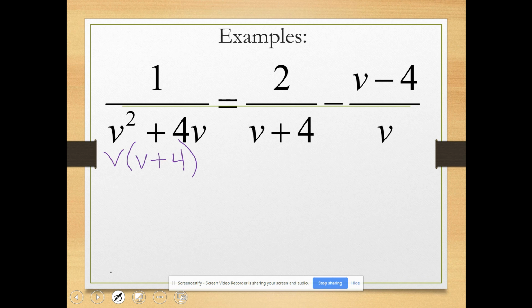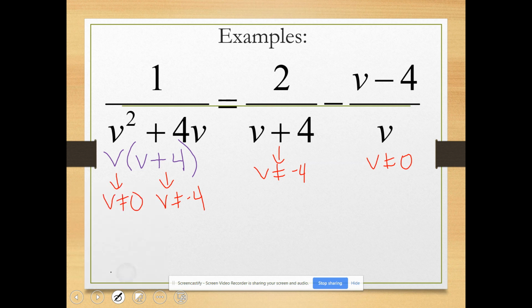V plus 4, nothing we can do for factoring there. And then v, nothing we can do for factoring there. So our restrictions come from v and v plus 4. So v cannot be 0 or negative 4. Remember, that's going to be the same restriction for this denominator and that denominator.